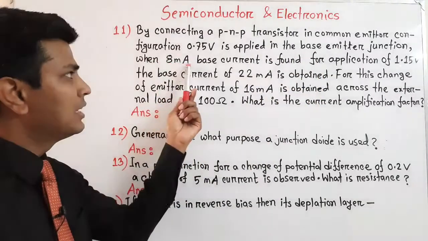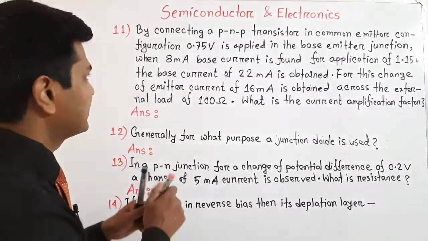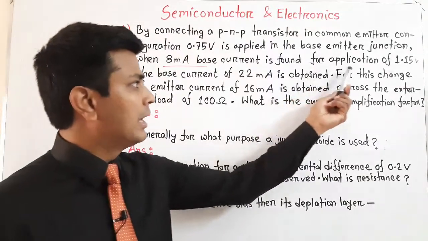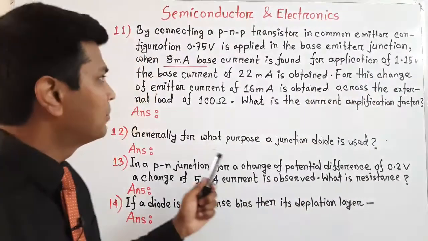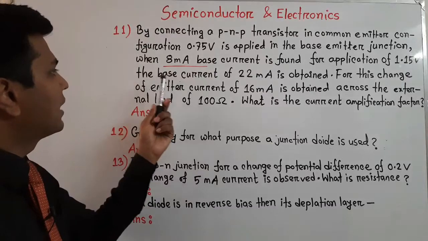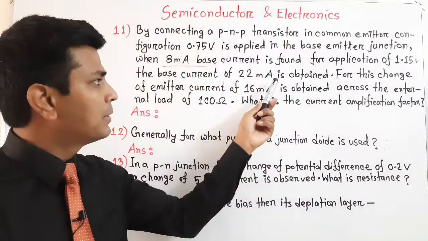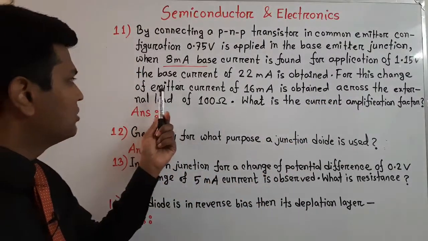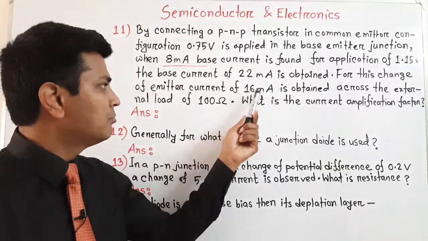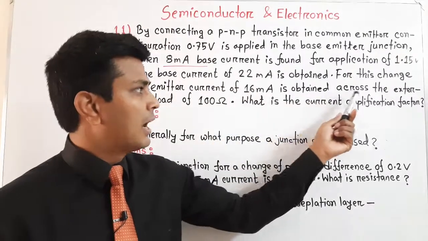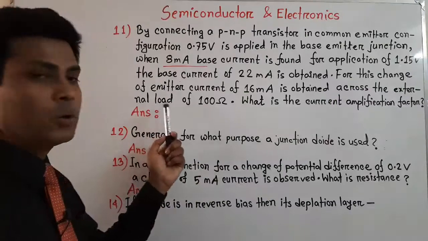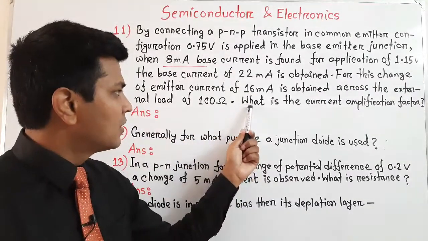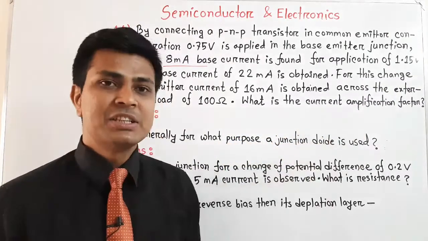When 8 milliampere base current is found, and for the application of 1.15, a base current of 22 milliampere is obtained. For this reason, an emitter current of 16 milliampere is obtained across the external load of 100 ohm. And the question is, what is the current amplification factor?